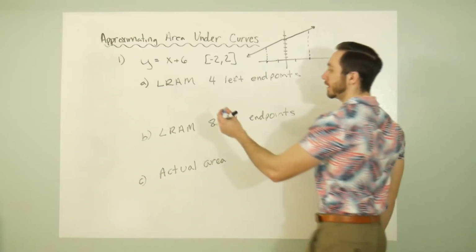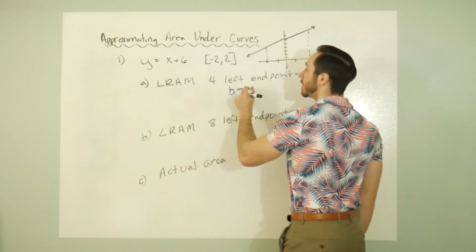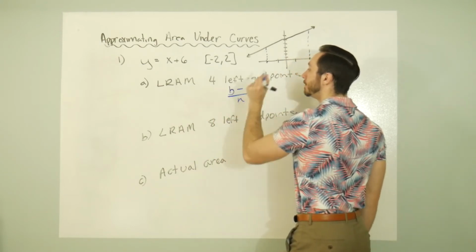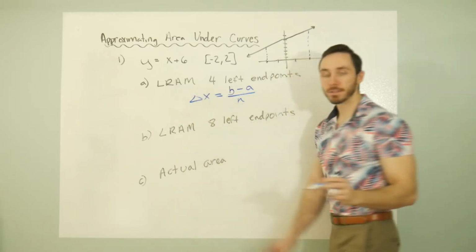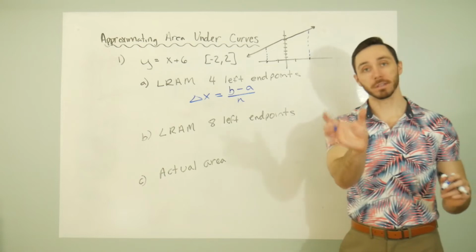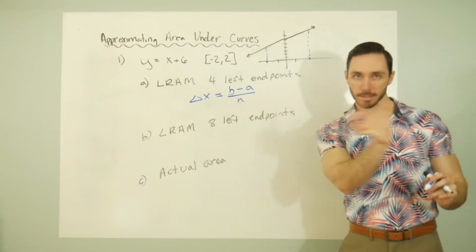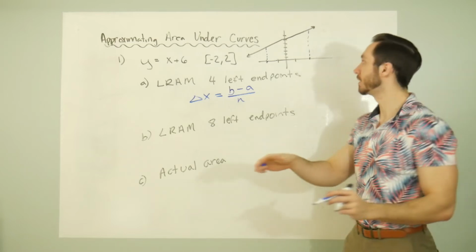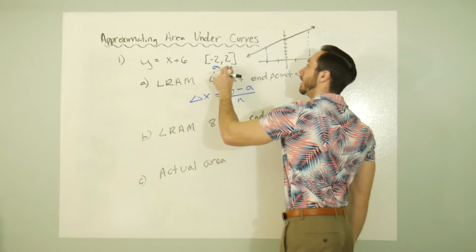The way we do that is pretty simple. We just take b minus a over n. And this is going to be my change in x. These are going to be the widths of each rectangle. So if the length represents the height, then the width is that left to right movement of each rectangle. This is the formula we use to find that, where this is my a and this is my b.